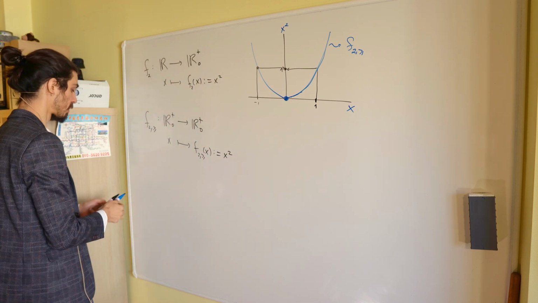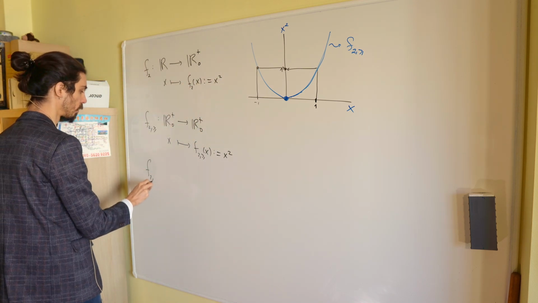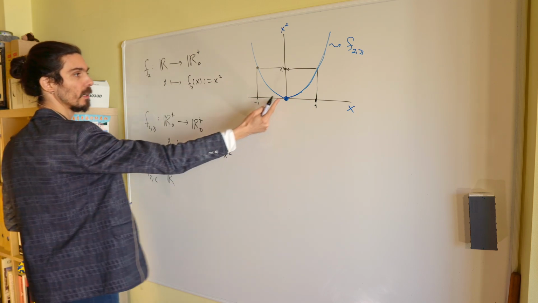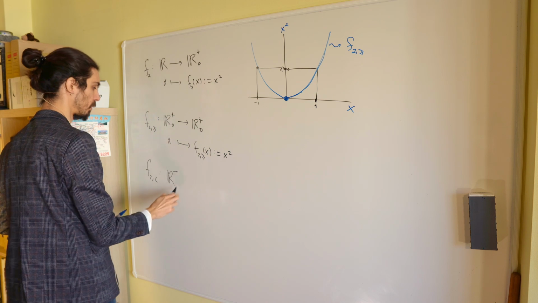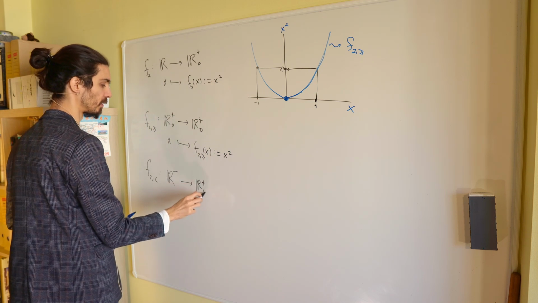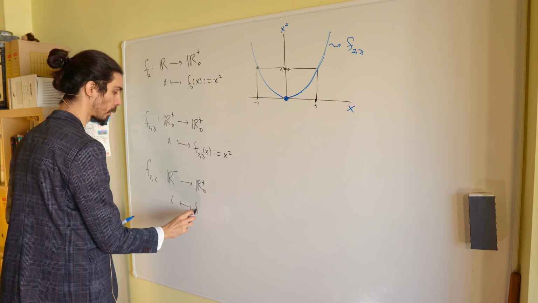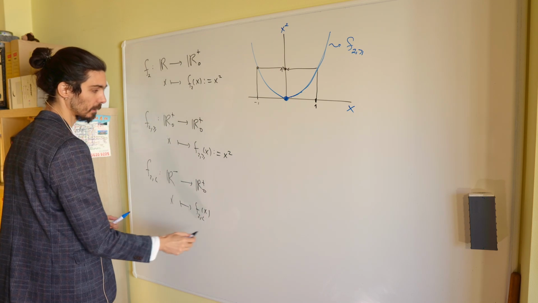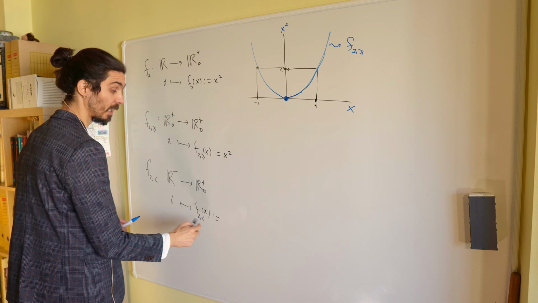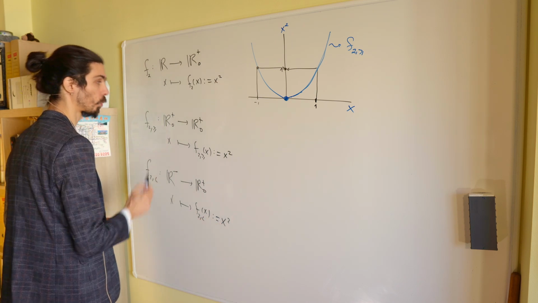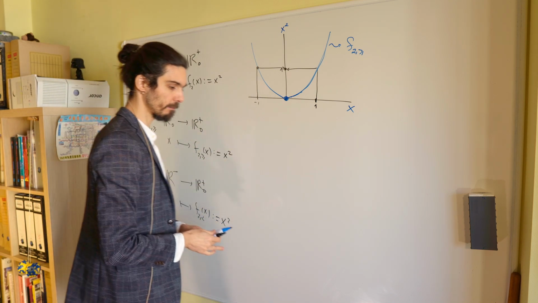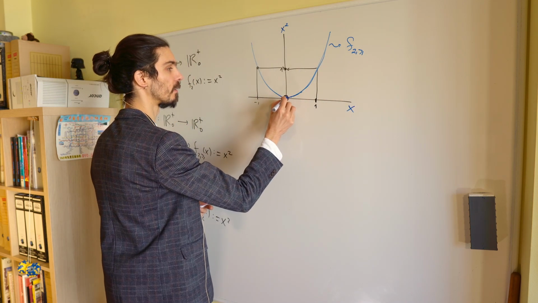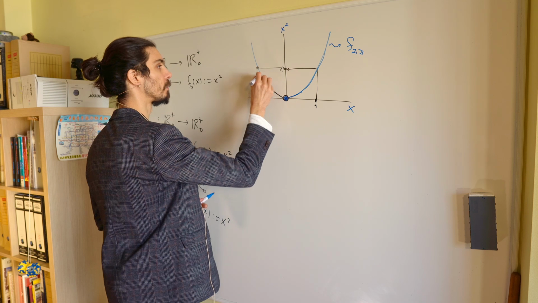The second one, I think it's obvious, is f_2 less or equal. The lesser function assigns the negative numbers, so from here to here, into positive reals including 0, and every x again is going to be mapped into the number f_2 less or equal of x, which again agrees with the original function x squared. So again, this part and all these points here.